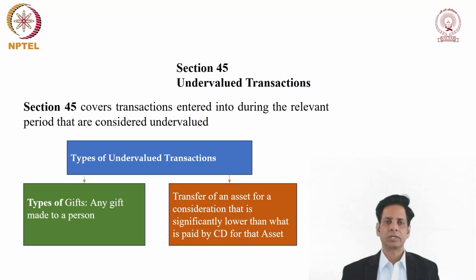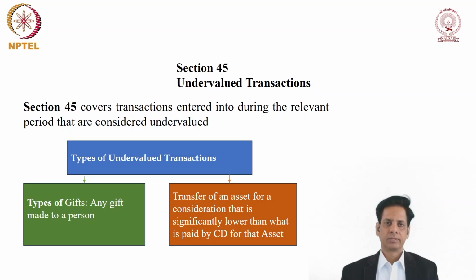The moment you're gifting, it is understood that there is some kind of inherent mala fide intention, which is obvious. So, if there is a gift during the relevant period before the commencement of the CIRP or liquidation, then such a transaction can be an undervalued transaction, and how to deal with that we will see eventually.